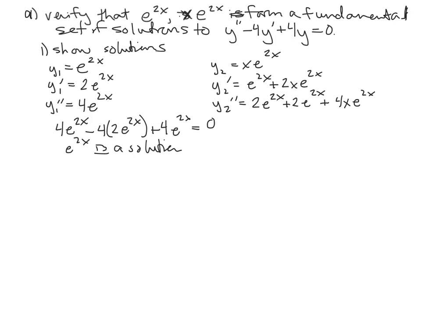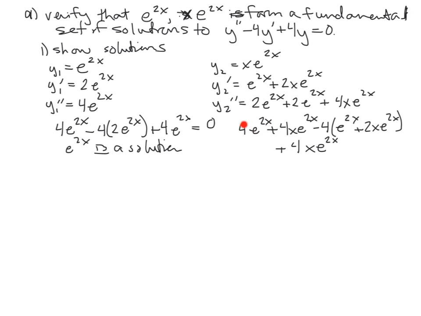And then let's plug all these in. I'm going to combine those first two terms for the second derivative: 4e to the 2x plus 4x e to the 2x, that's the second derivative, minus 4 times the first derivative, e to the 2x plus 2x e to the 2x, plus 4 times the function x e to the 2x. All right, let's see if all this cancels.